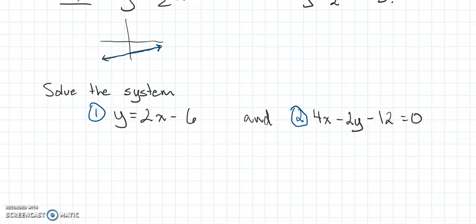So we'll try substitution. Since equation 1 is already isolated for y, we can substitute 1 into 2.